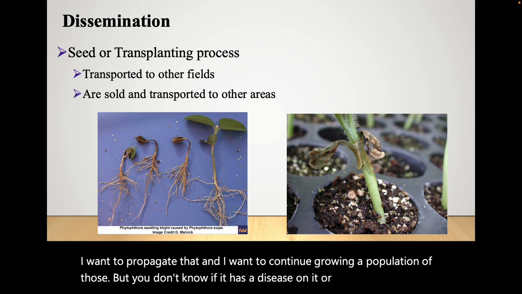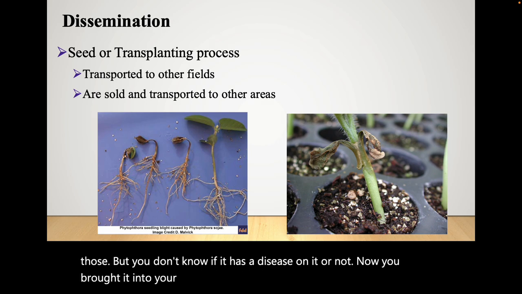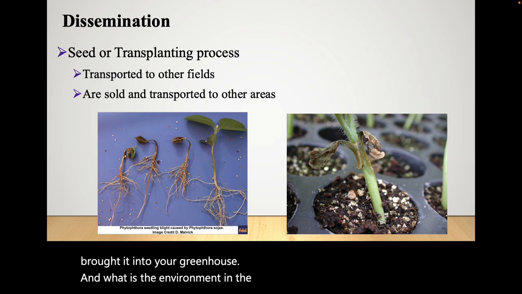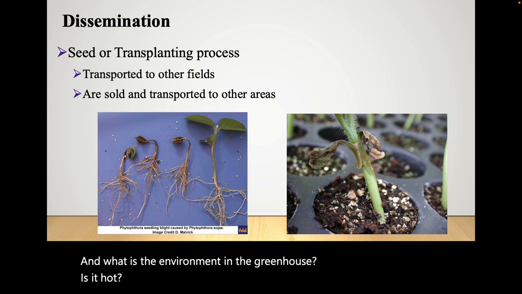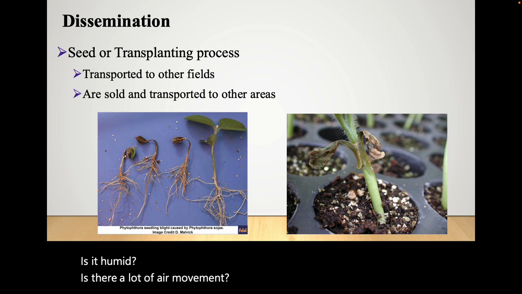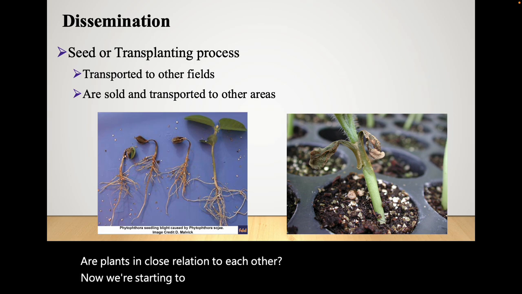Now you brought it into your greenhouse, and what is the environment in a greenhouse? Is it hot? Is it humid? Is there a lot of air movement? Are plants in close relation to each other? Now we're starting to see just how bad that can be.